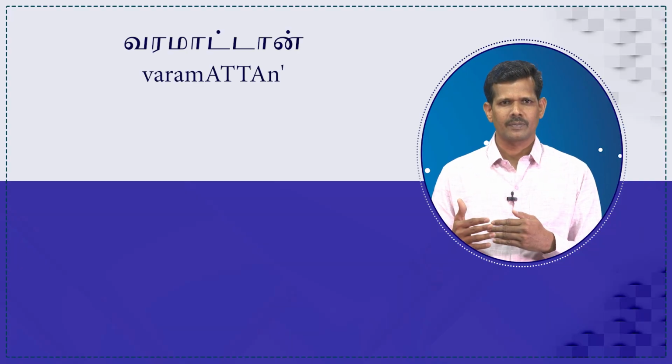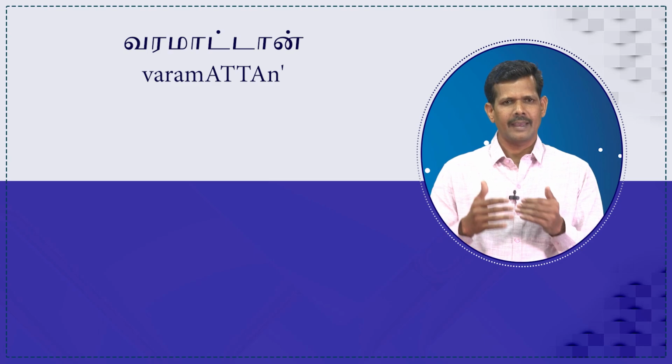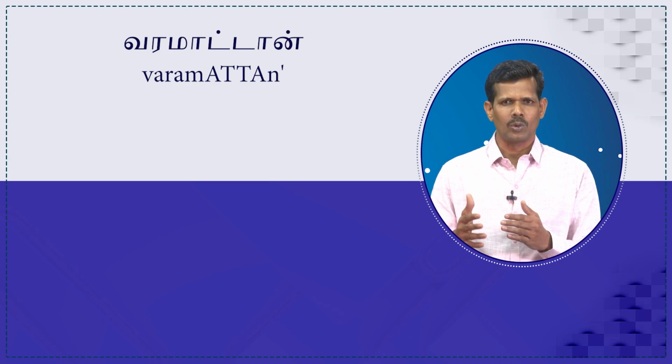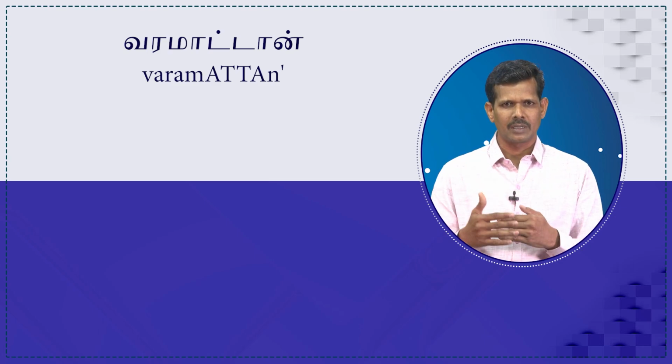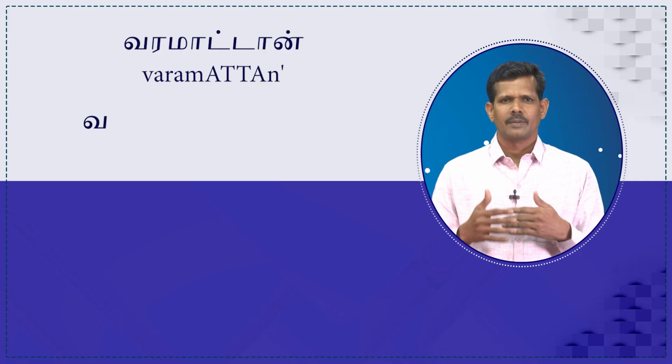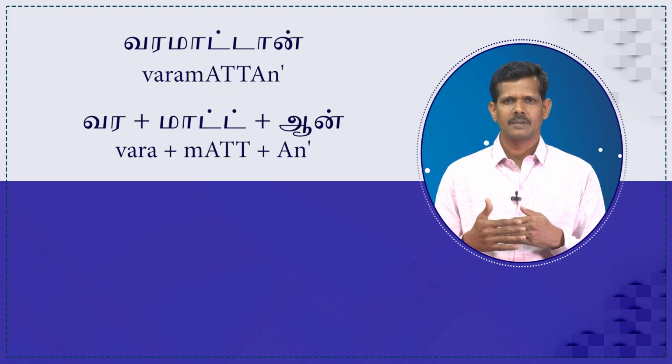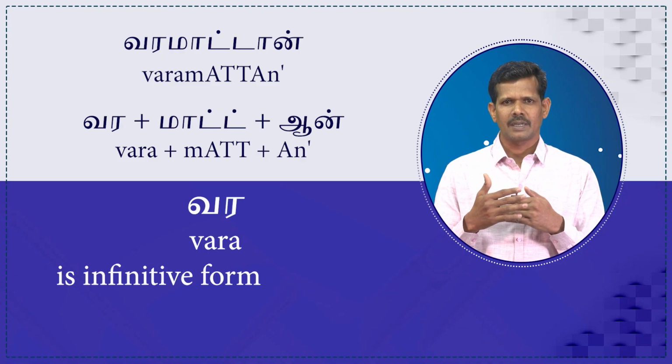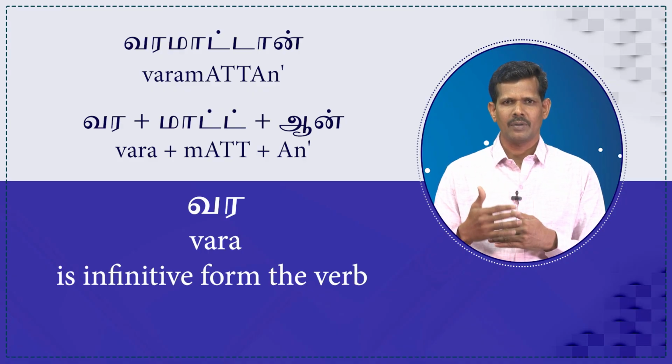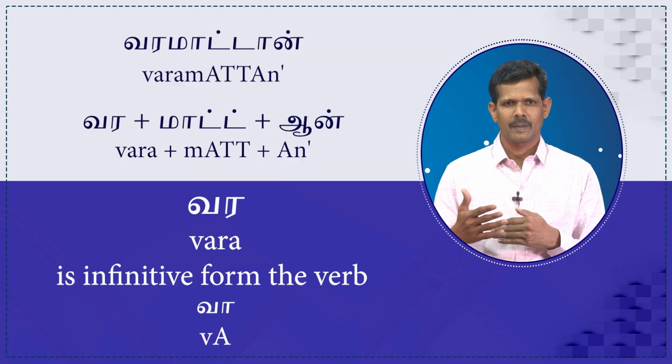The first example is varamatan. It is segmented as follows in order to know how the future negative marker is used in this sentence: vara plus mat plus on. Vara is the infinitive form of the verb va.